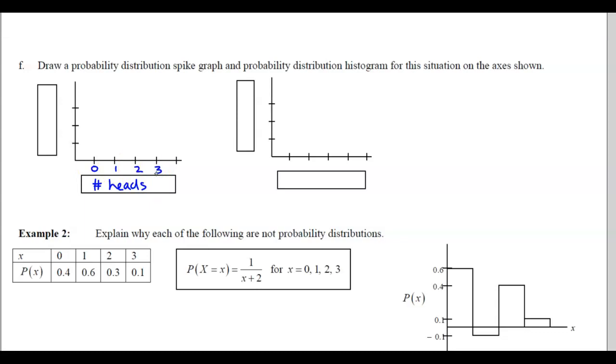Even though we often put 0 on the vertical axis, in this case I'm going to put it away from the vertical axis. It's not wrong if you put it on the vertical axis, because that kind of makes sense, but we're going to put it away just to make it easier to distinguish our spikes.